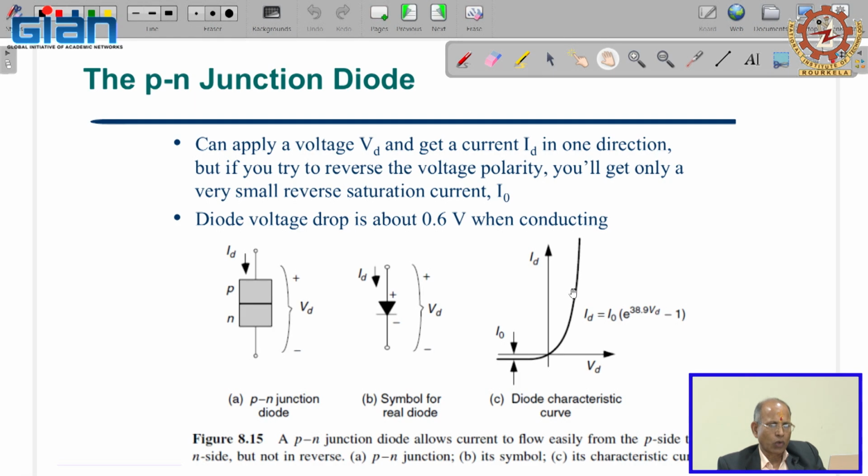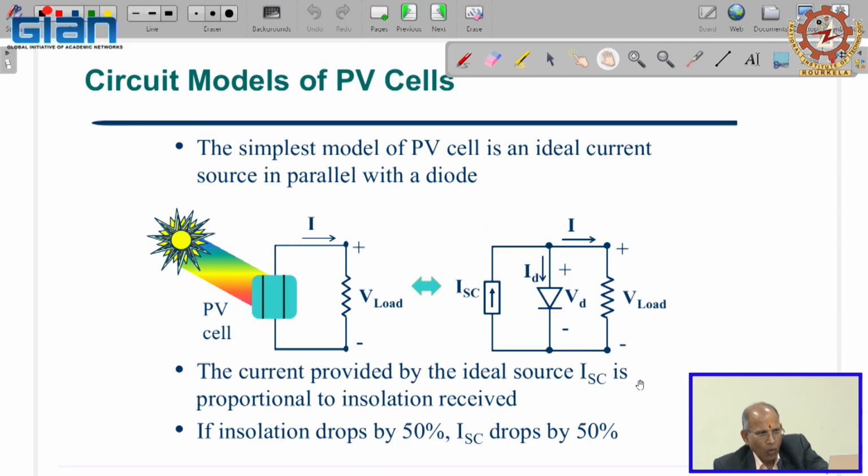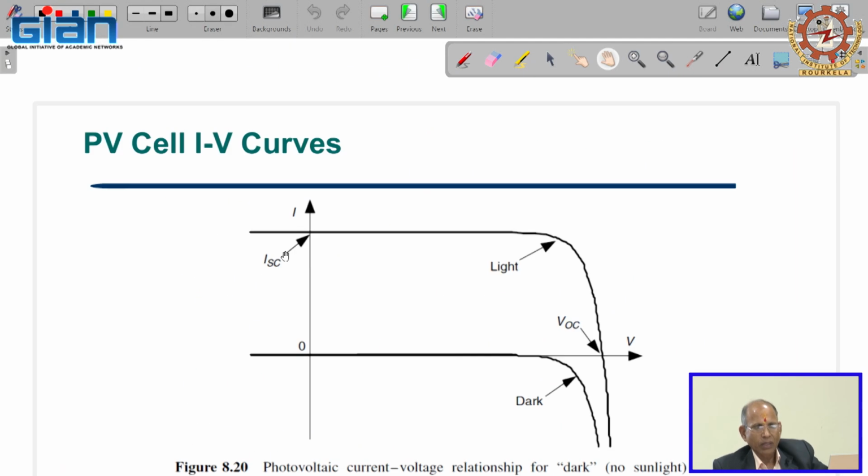First you bring this curve from up to down. And because this is almost the dark current, whatever insolation level is there, you just lift it up. This is how you get this curve. You bring this part from up to down, and you lift it corresponding to ISC. Is it clear for everyone?